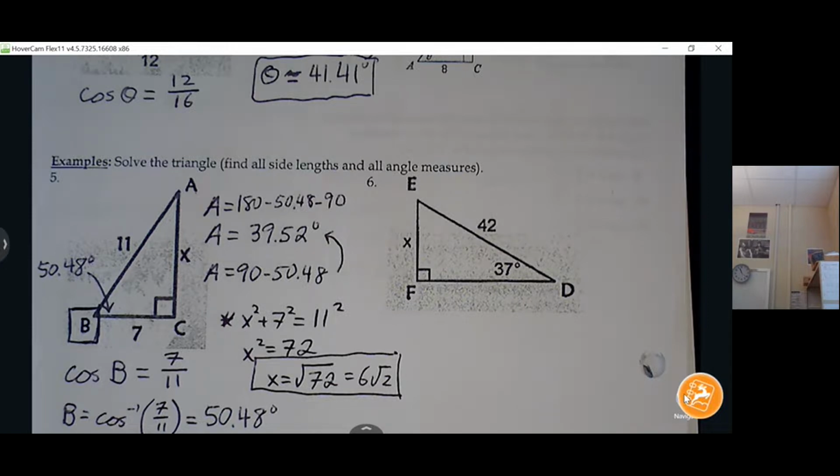So sine 37 is opposite over hypotenuse. So what's opposite? Right. The one underneath it, cross multiply.